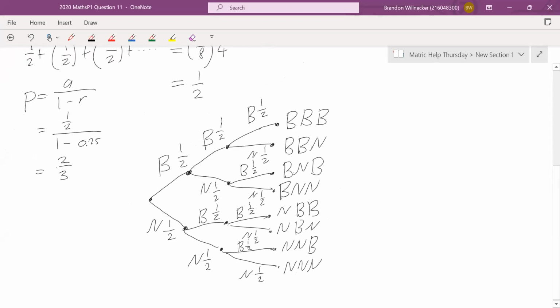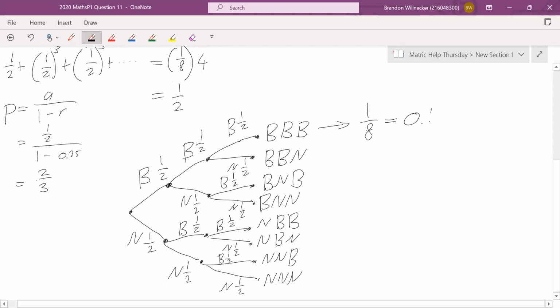Okay, so we can see that these are our outcomes, all the possible outcomes. Here we see that we have a probability of 1/8 or 0.125 probability for each triple.